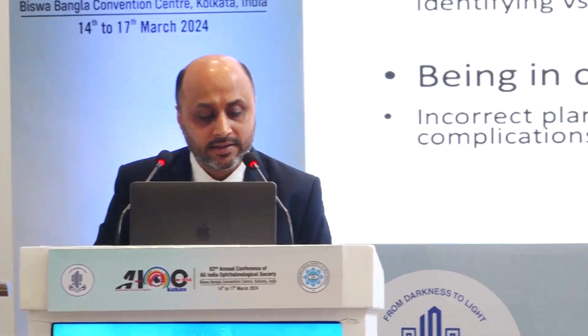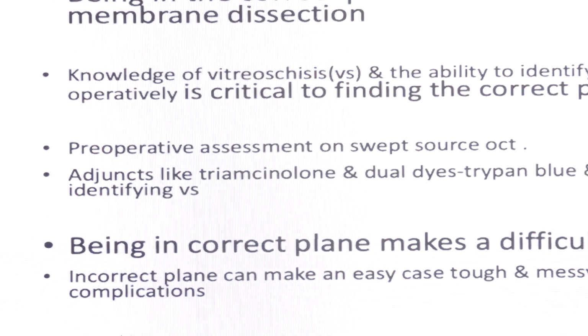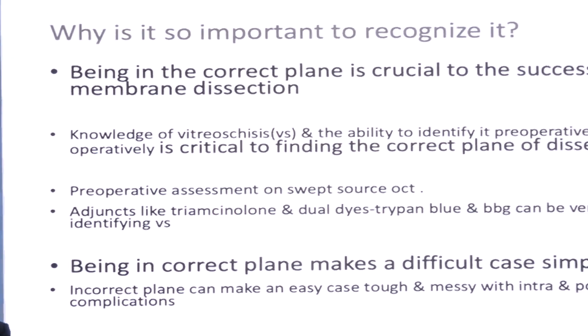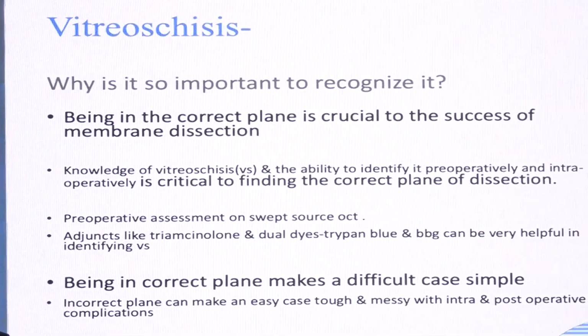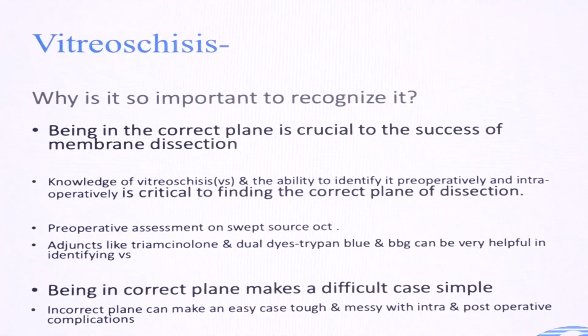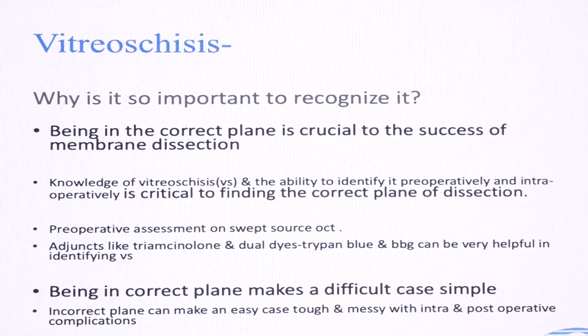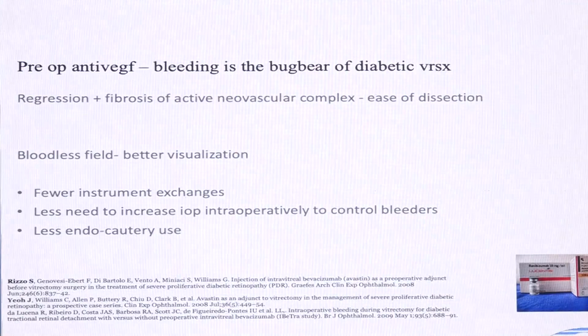There are adjuvants which Dr. Sangeet was also asking about, but if you have a preoperative OCT wherever possible, finding the plane becomes much easier. Initially getting into the right plane of dissection makes the case much easier and helps us prevent iatrogenic collateral damage.